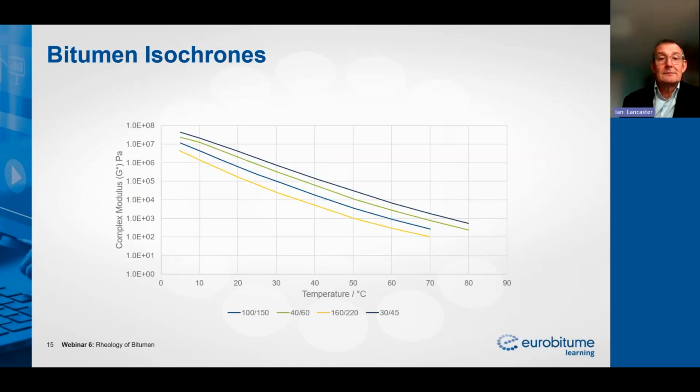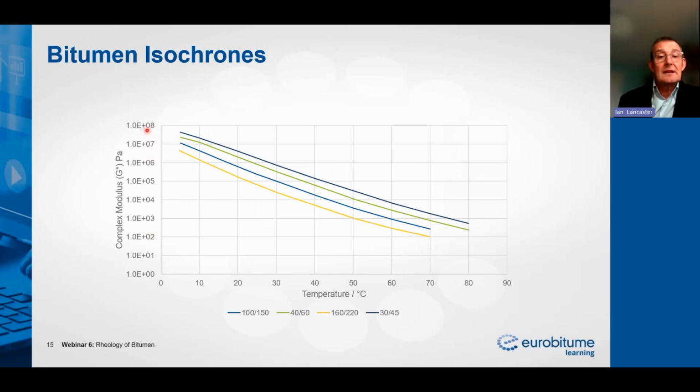So let's have a look at a bitumen isochrone. So we're plotting our complex shear modulus against temperature. We have 4 grades there. There's a number of things that I want you to take away from this slide, really. The first is this complex modulus scale is logarithmic.